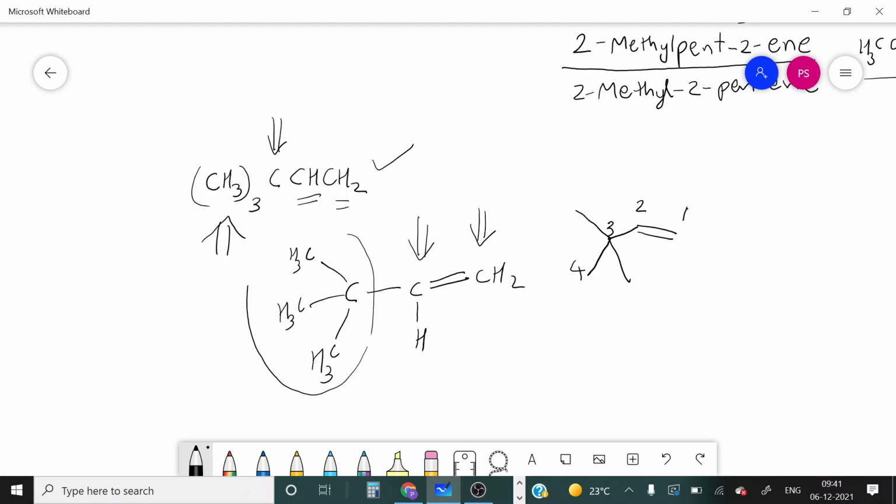But remember that at third position, two methyl substituents are there, CH3, CH3. So 3,3-dimethyl. What is the root word for 4 carbon? But. And what is the position of carbon carbon double bond? First position. So you can simply write butene or but-1-ene.